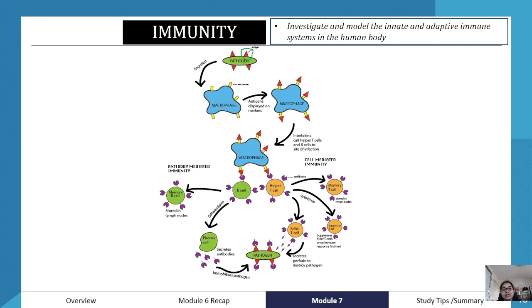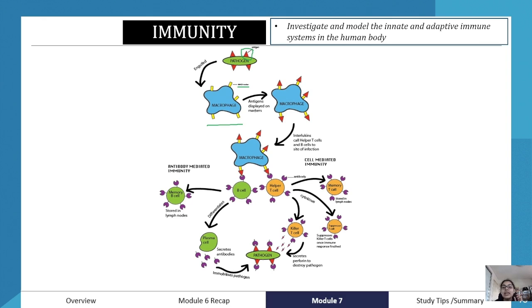So once the body sees this, these pathogens are immediately engulfed by macrophages. And macrophages have the MHC, so they're able to see what the antigen is here, basically. So these macrophages engulf the pathogen, like macrophages do.